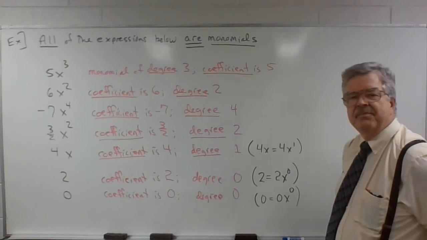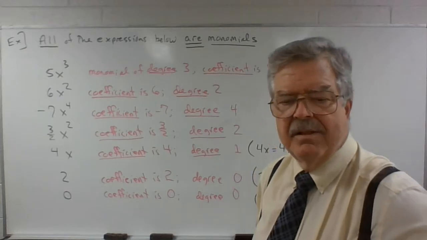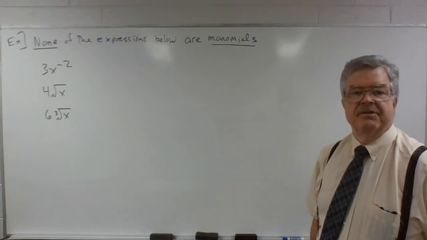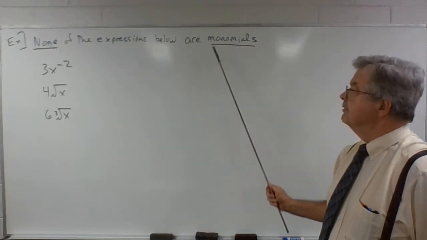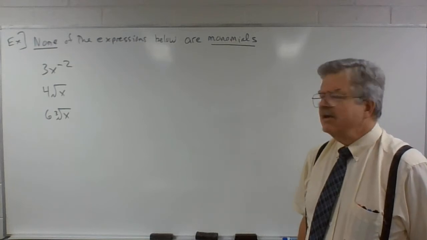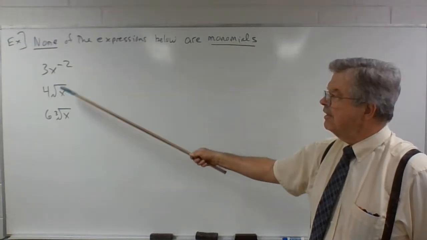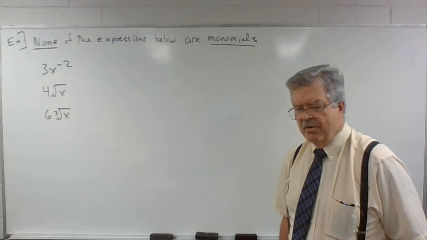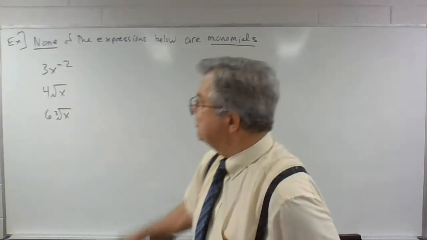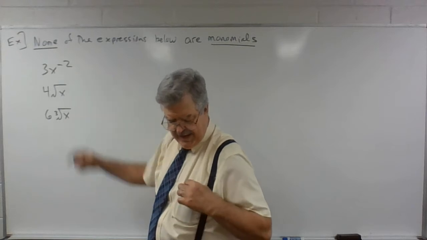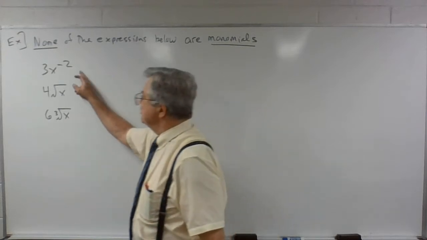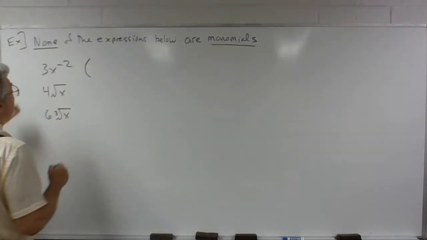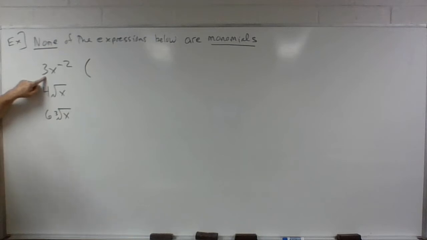Now let's look at another example. None of these expressions are monomials. In each case, let's see what it is that disqualifies each expression from being a monomial. First, we'll look at this one, 3x to the negative 2. What's the problem with this one? The coefficient is a real number, no problem there.